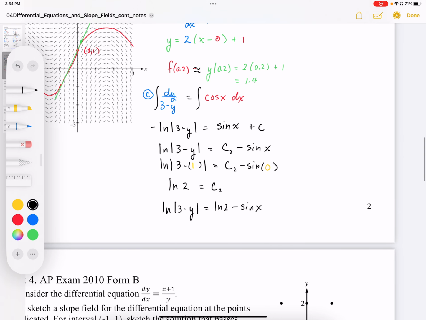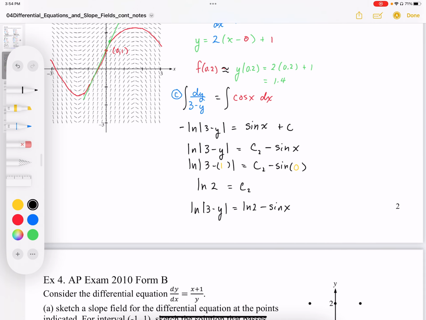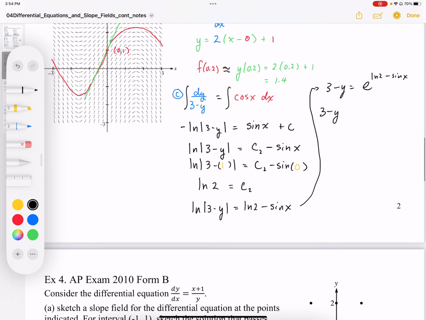When I put it into the exponential form, I end up with 3 minus y is equal to e to the log 2 minus sine x. And we can split that log 2 off, and that ends up being the coefficient on the e function. So we end up with 3 minus y equals, I'm just going to highlight this here.